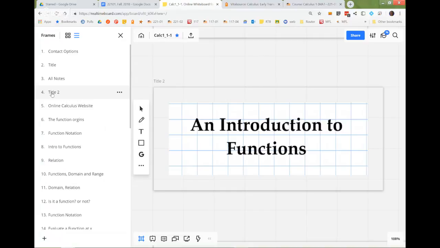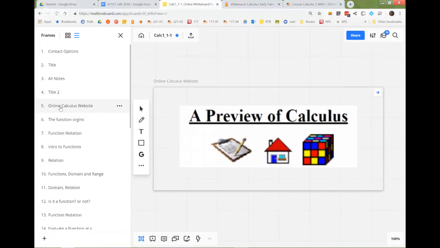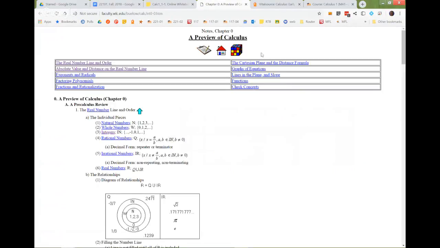So here's the topic I want to cover today: an introduction to functions. I showed you this already, but remember that there is this alternate website. Oh yeah, I wanted to show you this too.